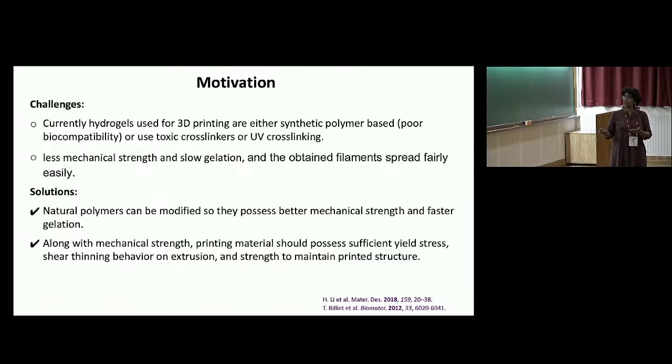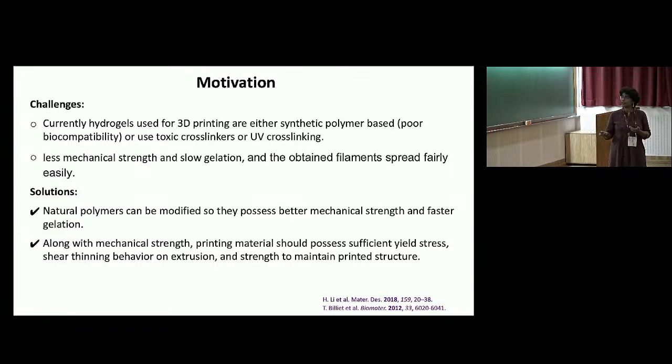And the field is moving towards solutions which cater to the fact that I do not just have a simple hydrogel, but a multi-component hydrogel where I have something which enhances the strength of the hydrogel and overcomes the slow gelation limitation as well.